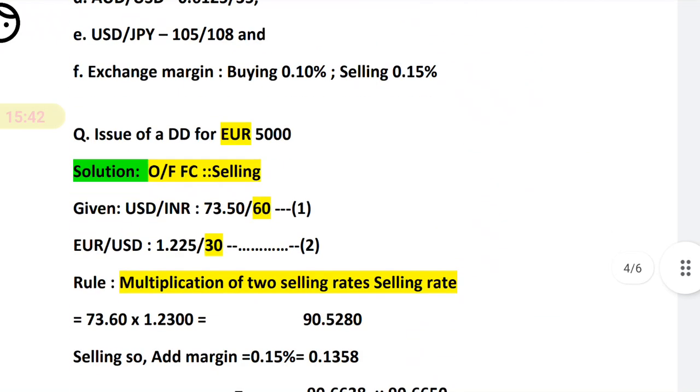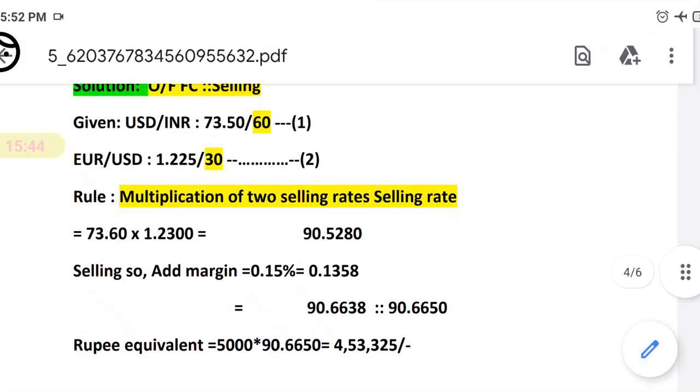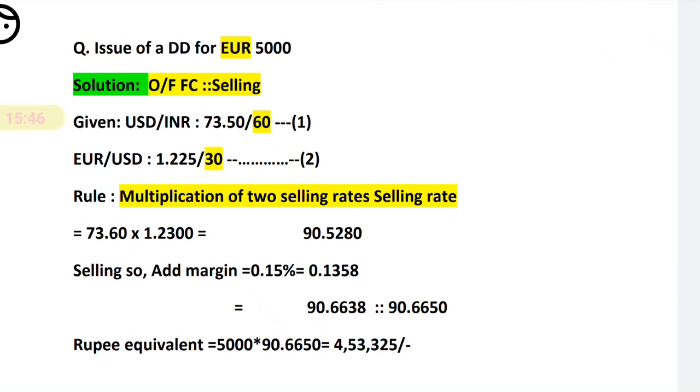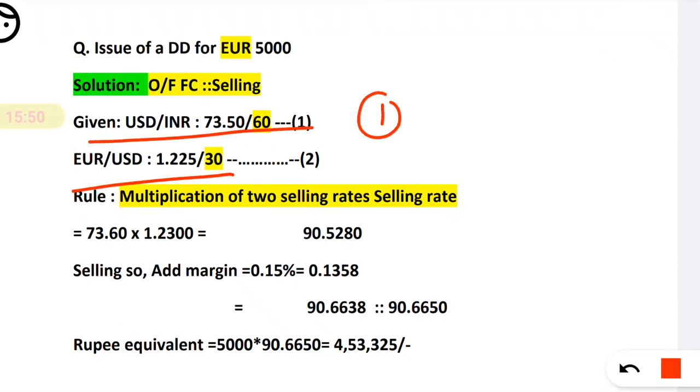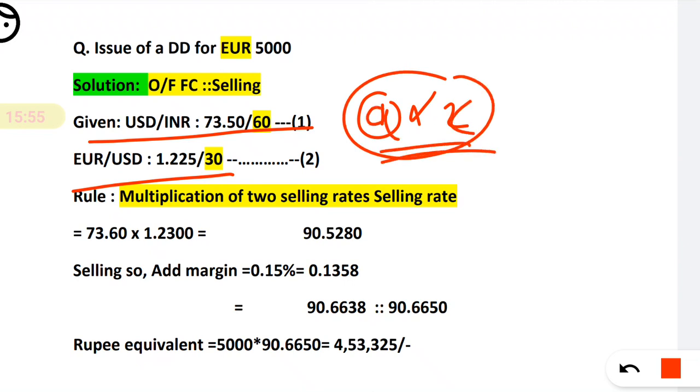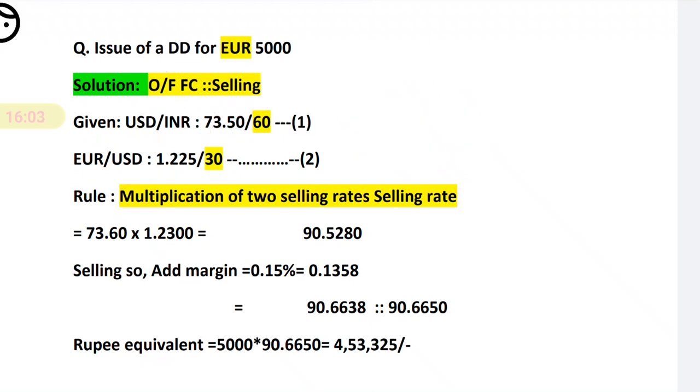Okay, so we know it is the selling rate. I repeat, this is the given equation, and after multiplying A and C you are getting the required euro to INR. We already know that issuing a foreign currency DD is simply a selling transaction. So which rate to use for the multiplication? Obviously, for a selling case you have to use the selling rate.